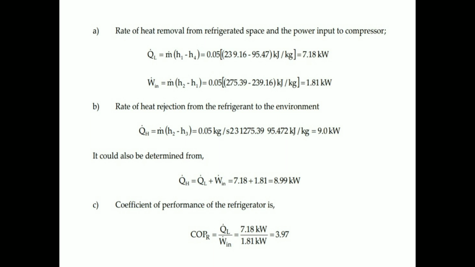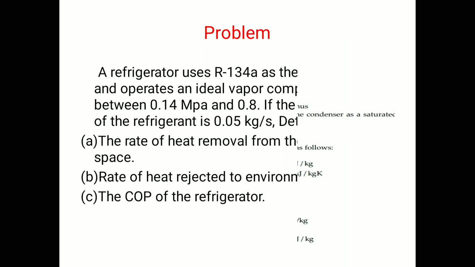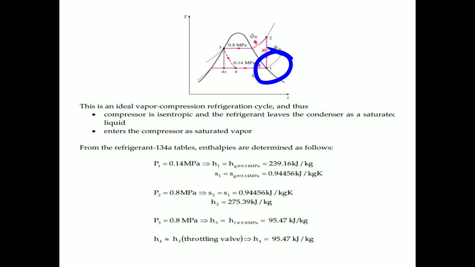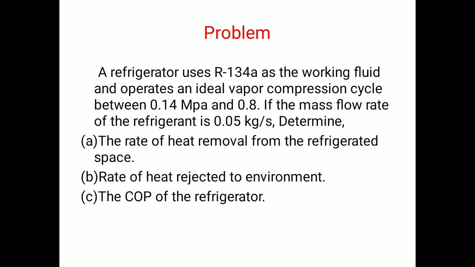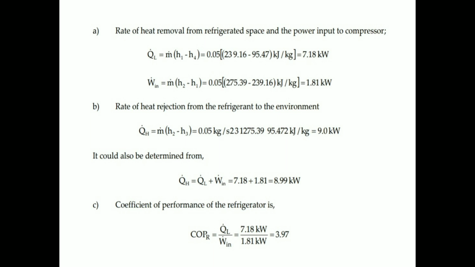And we know heat removed in the condenser is H2 minus H3. So here we are asked to find the rate, so we are multiplying with the mass flow rate, that is m dot, and we end up with the answer 9 kilowatt.